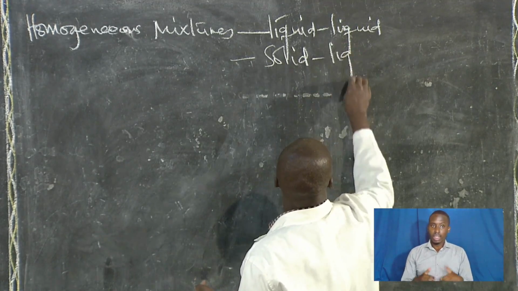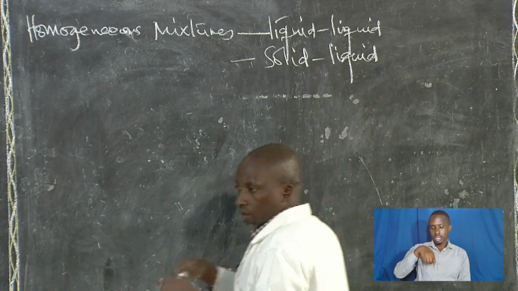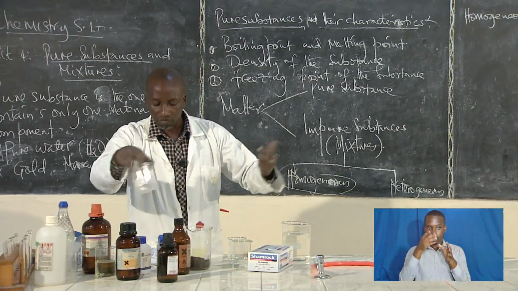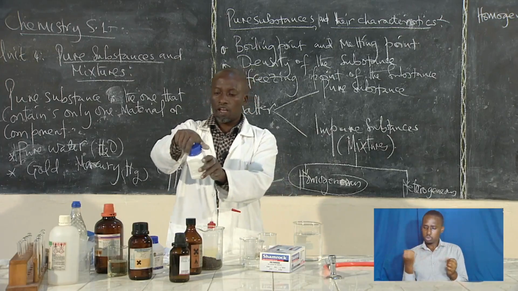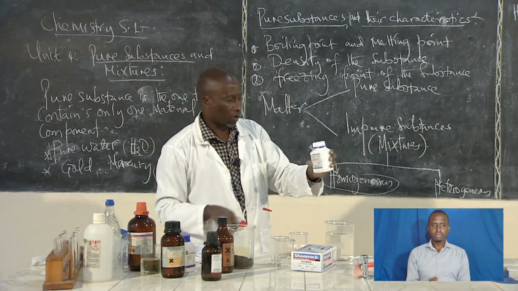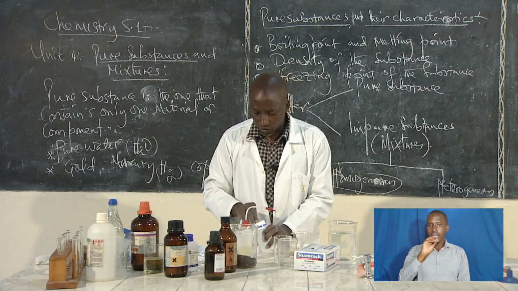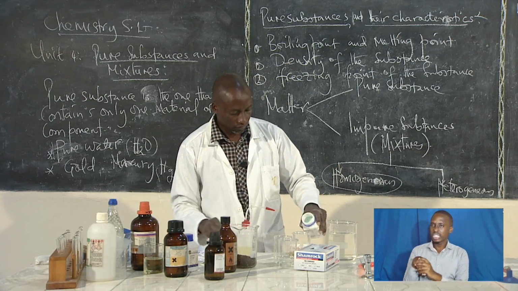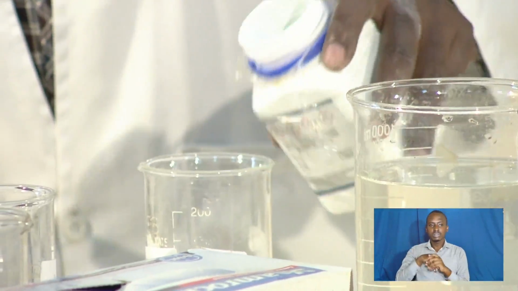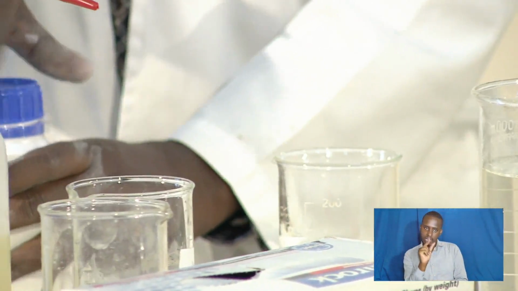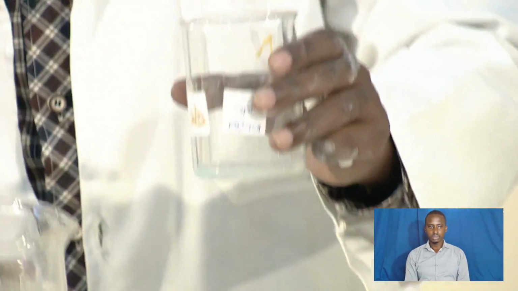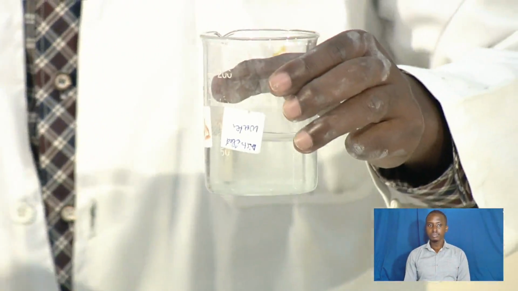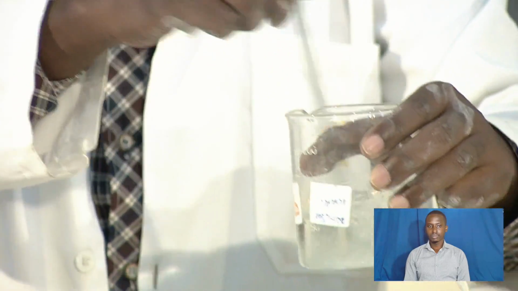We may have a solid-liquid mixture. Let me just show you an example of that one. If you have, for example, this compound of iron, I just want to dissolve it, so I put it in water, just a little water. So I have to dissolve.